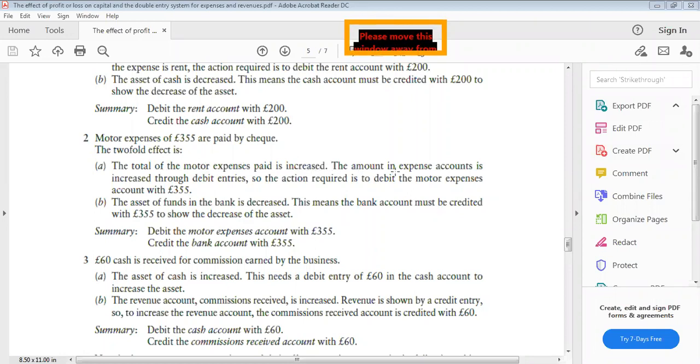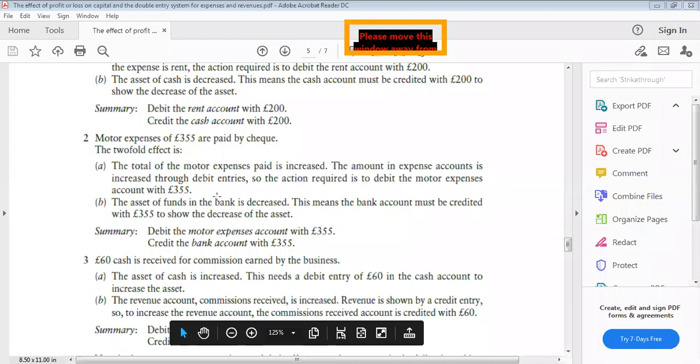The amount in expense accounts is increased through debit entries. So the action required is to debit the motor expenses account with $355. The asset of funds in the bank is decreased. This means the bank account must be credited with $355 to show the decrease of the asset.